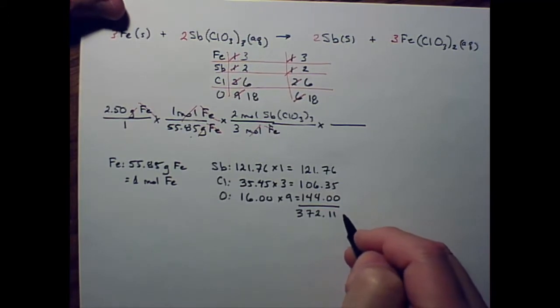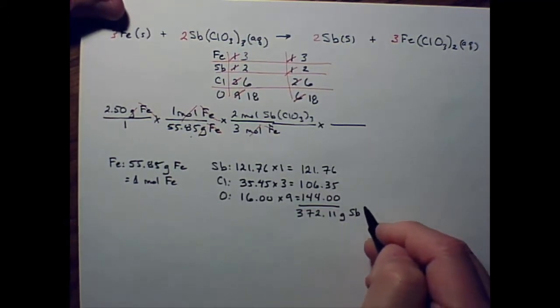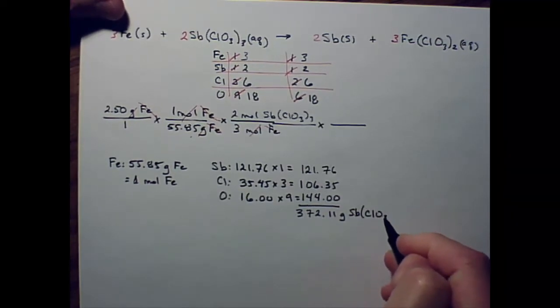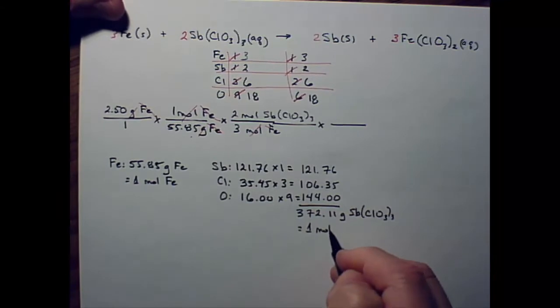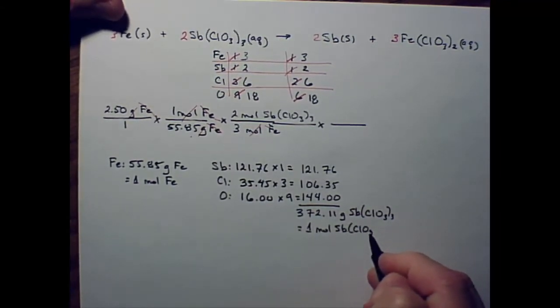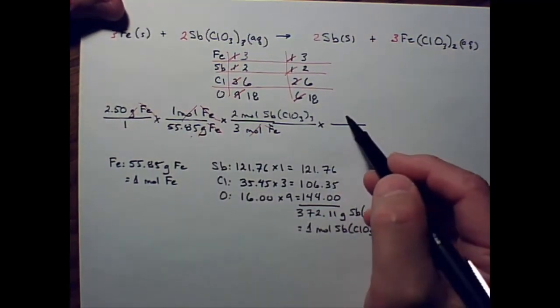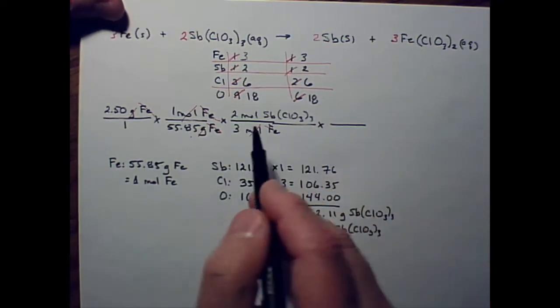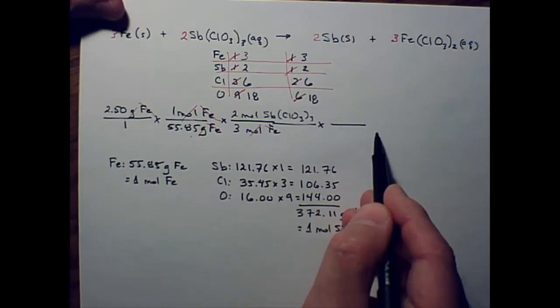So we're going to add our units of measurement and the species, antimony 3-chlorate, and show that equal to 1 mole of antimony 3-chlorate. And we have a molar mass equality statement to build a molar mass conversion unit up here. I have moles of antimony 3-chlorate here, so I want moles of antimony 3-chlorate here.